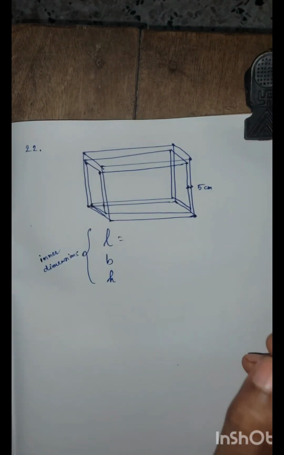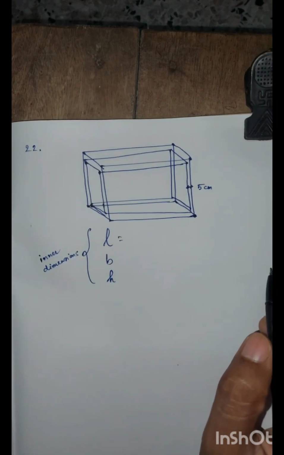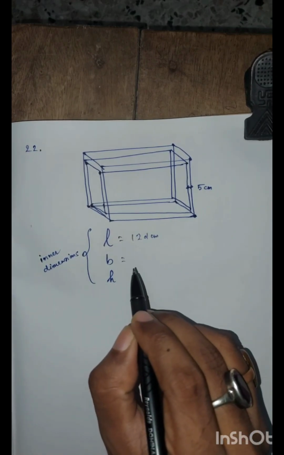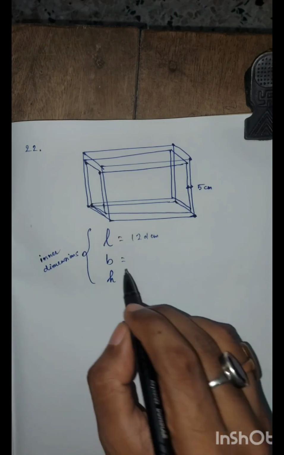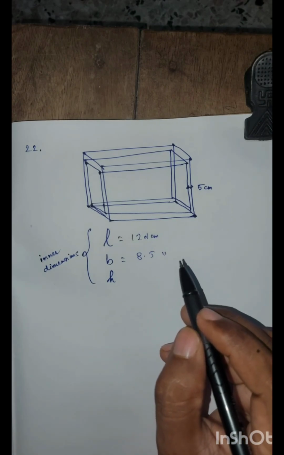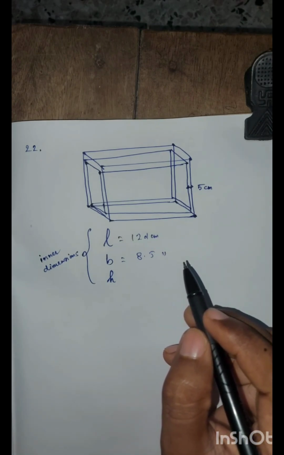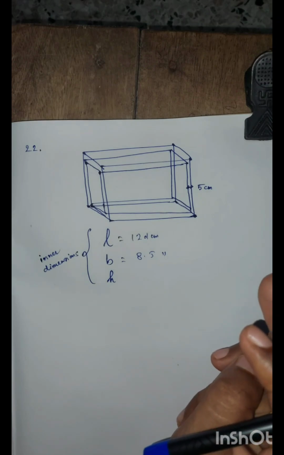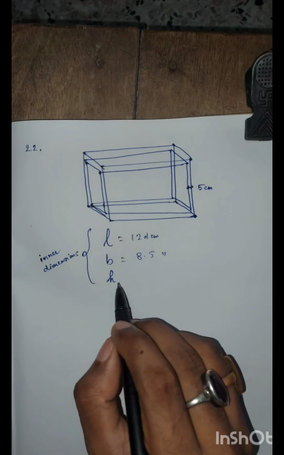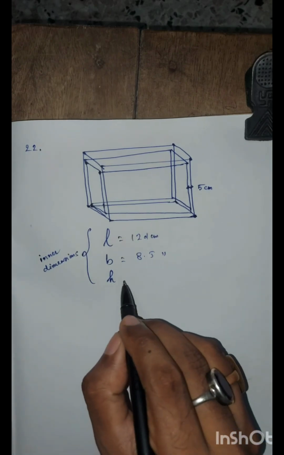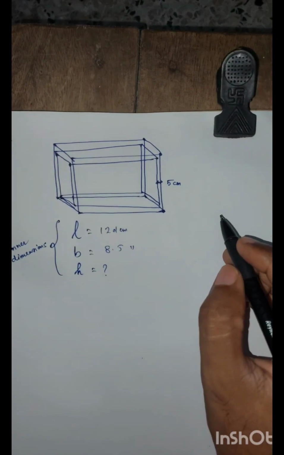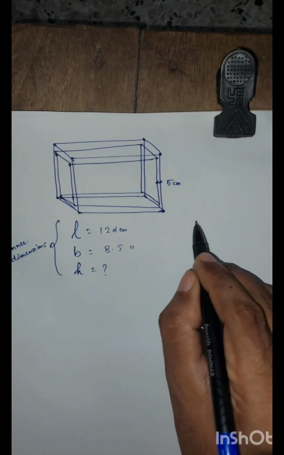So length is given, which is 12 decimeter. Breadth is also given, which is 8.5 decimeter. And height, this is what we do not know. And outer dimensions, let us represent them by capital letters.